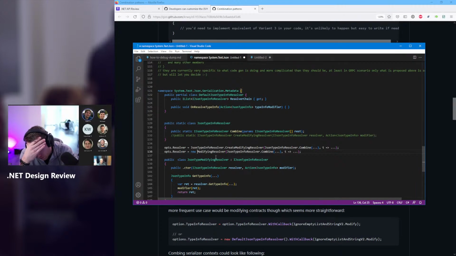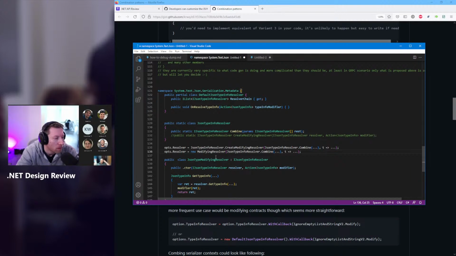If a resolver doesn't want to give something back for a given type, and wants you to instead go to the next thing in line, what does it do? Does it return some sentinel that says, I have nothing for you? Yeah, it's called null. Okay, so you could imagine creating the modifying resolver that just returns null if it doesn't know how to give something back, right?